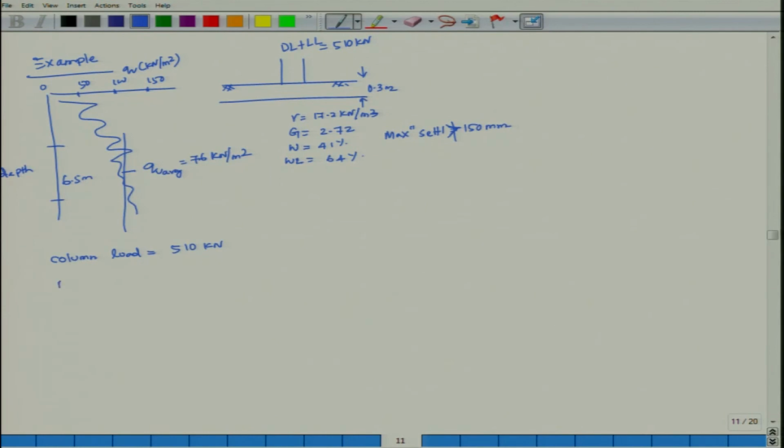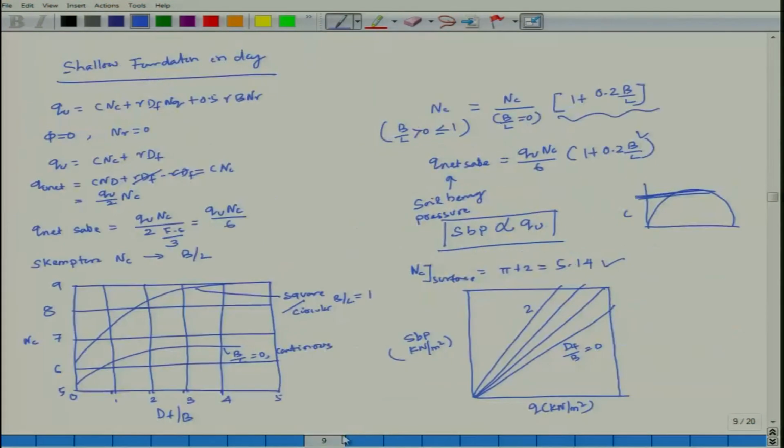So B squared, or area, is equal to column load 510 divided by Q average into shape factor, which is 510 divided by 76 into 1.2. If you look here, what is your shape factor? 1 plus 0.2, 1.2, with B by L equal to 1.